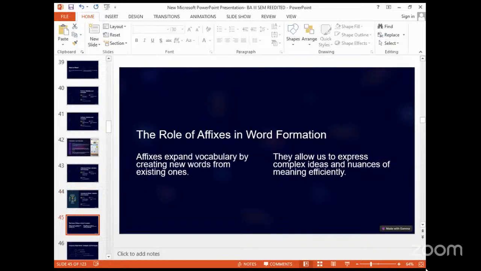So what is basically the role of affixes in word formation? Affixes expand vocabulary by creating new words from existing ones. They allow us to express complex ideas and nuances of meaning efficiently.